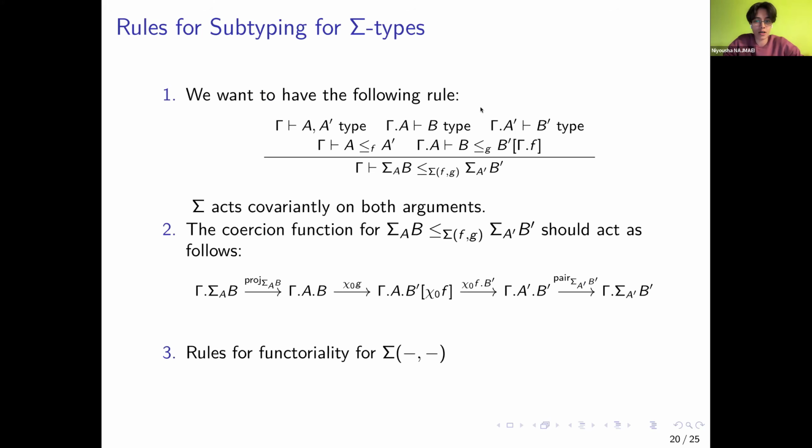If you add to Martin-Löf type theory just non-dependent functions, they will be morphisms in the category C like this, and by this I mean there is a commuting triangle: if you project on the left-hand side back to gamma and on the right-hand side also back to gamma, then it commutes.